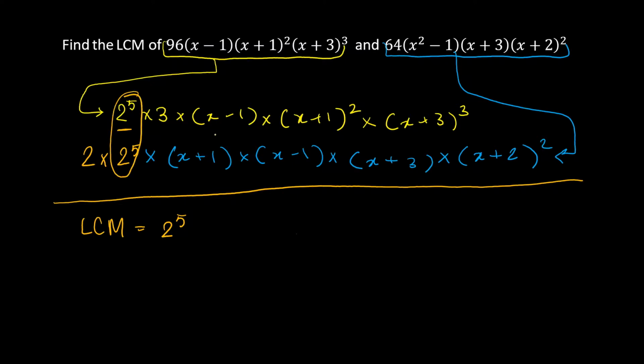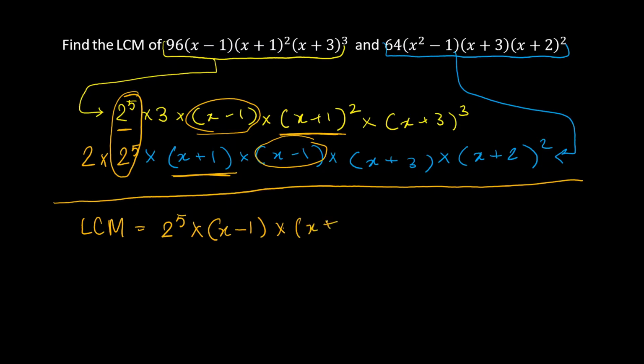And then there's x minus 1. There's x minus 1 here and here. So that will be into x minus 1. Then there is x plus 1 squared and x plus 1. Then I'm going to write x plus 1 once, and I'm going to box that, and this will be powered 1.